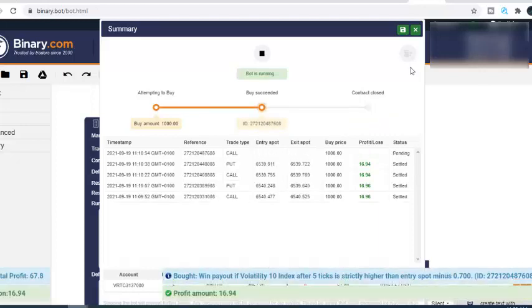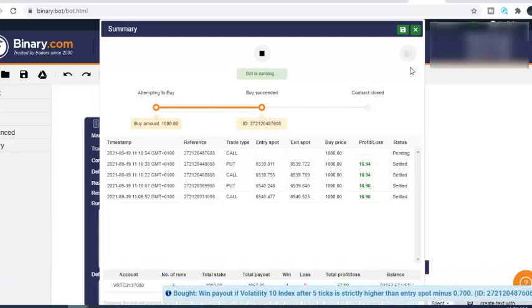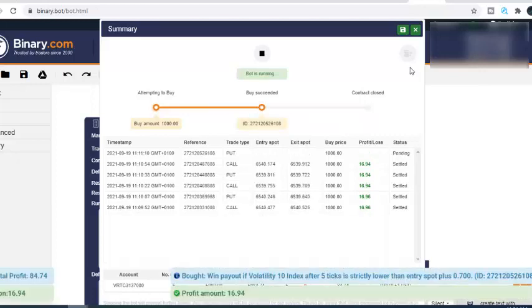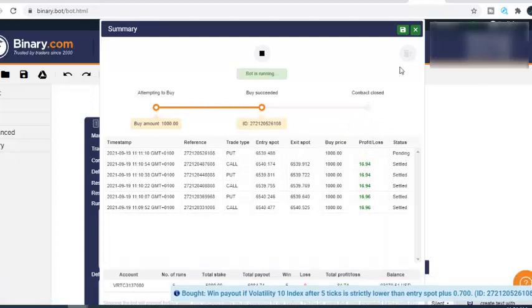You can see we are getting close to $80 already. Once we hit $100, we know we have hit our target for today, which is just 10% in less than a few minutes, like I said earlier.